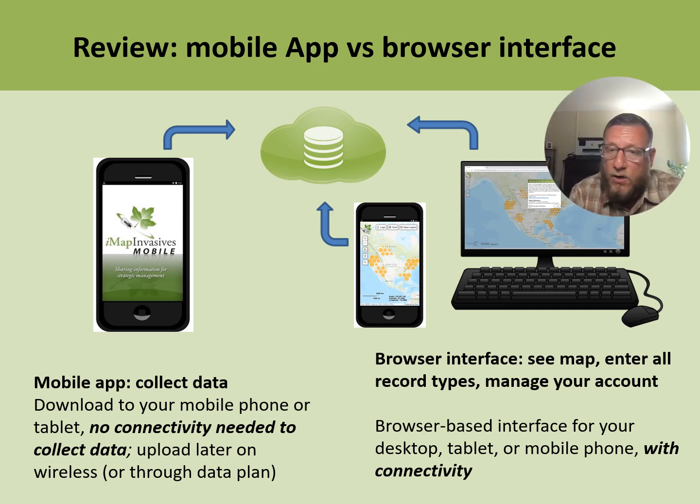So all smartphones have a satellite receiver built into them. They're pinging to satellites all the time, whether you have service or not, or next to a cell tower or not. So the mobile apps are really nice because you don't need service. Now, when you do get back into an area with service, that's when the data goes from your phone and syncs up to the cloud.